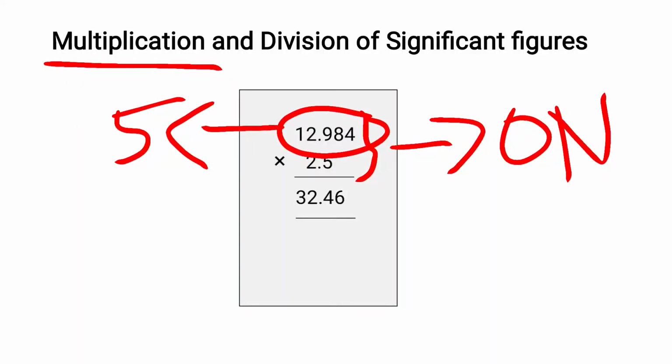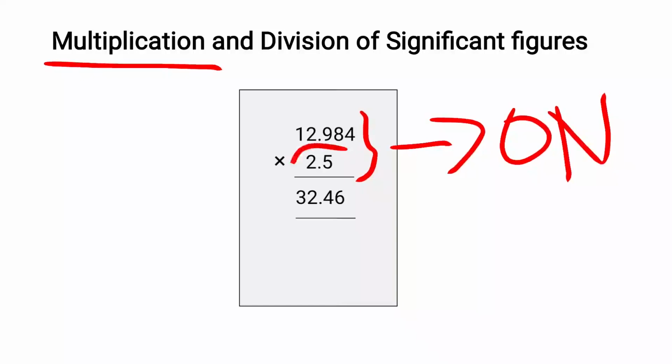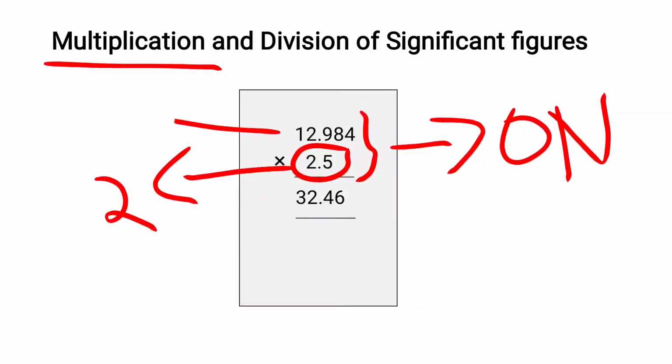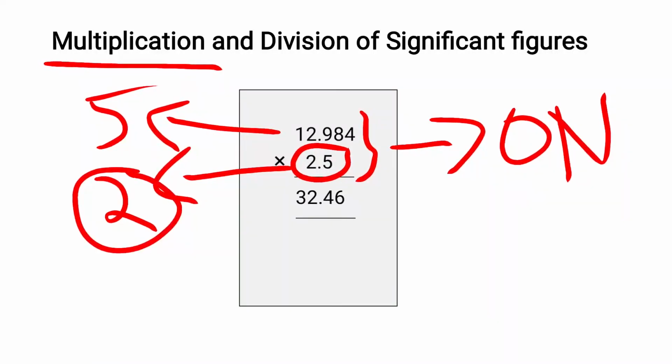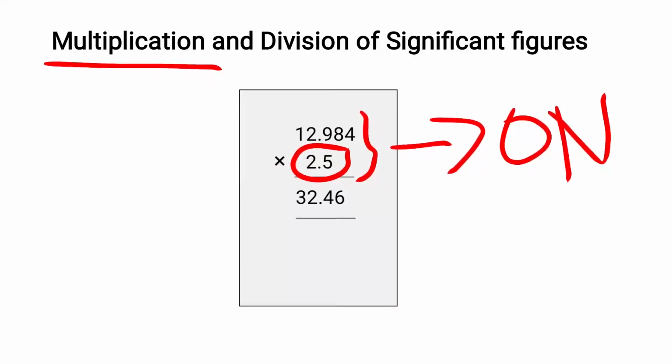Whereas in case of 2.5, the total number of significant figures are said to be 2. Which one is least, whether 2 or 5? Obviously 2. So since 2.5 contains only 2 significant figures, the reporting answer should also possess only 2 significant figures.